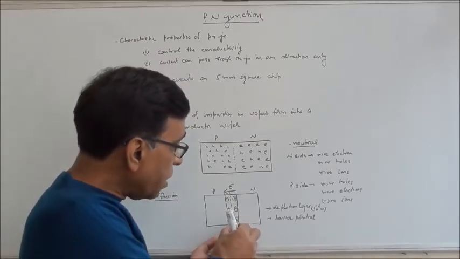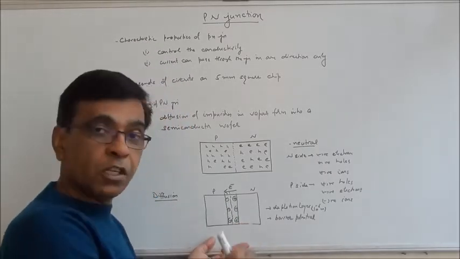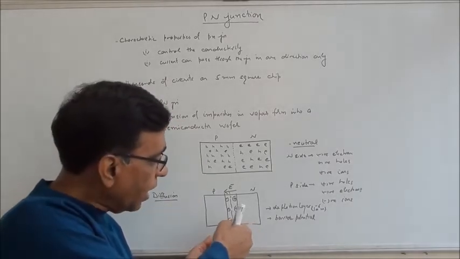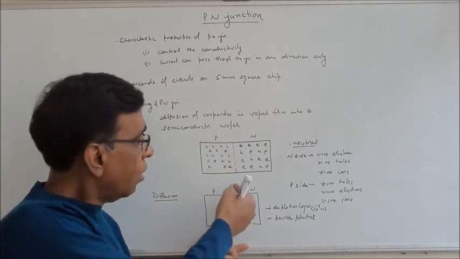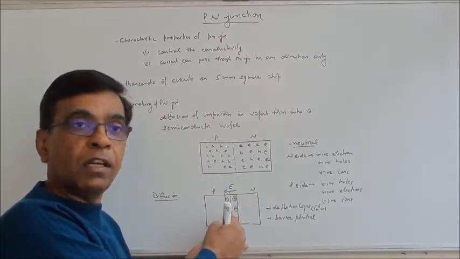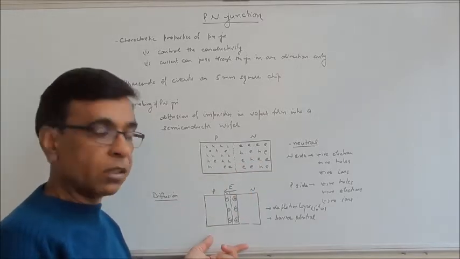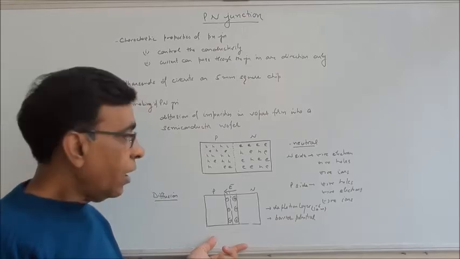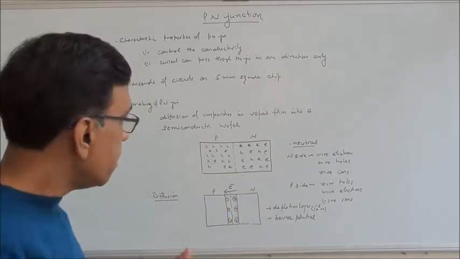So in a small region at the junction, an electric field is set up from N to P side because of this charge imbalance created by the diffusion of electrons and holes. So an electric field is set up at the junction due to which there is a potential difference.